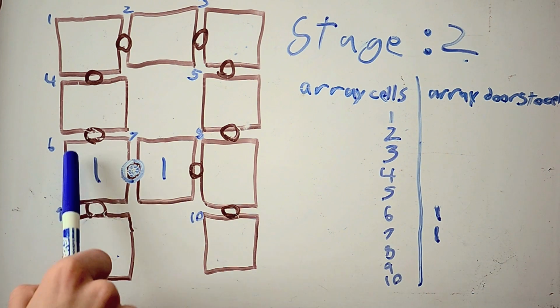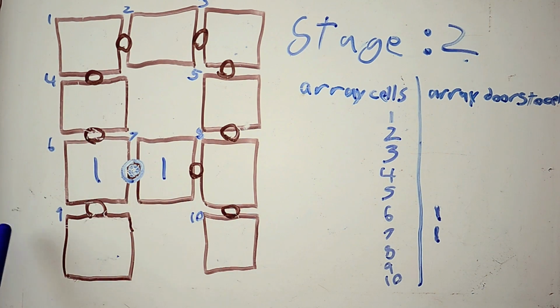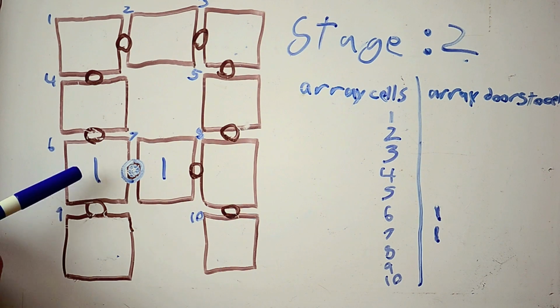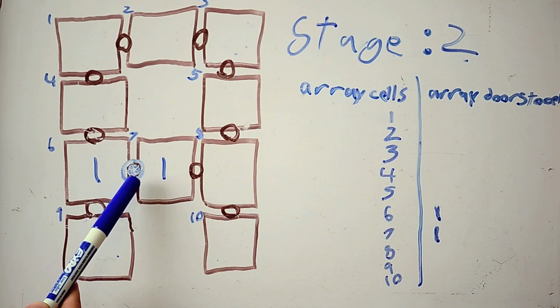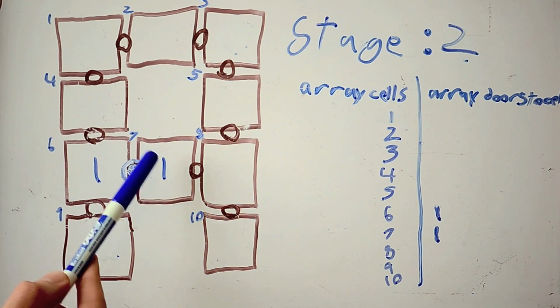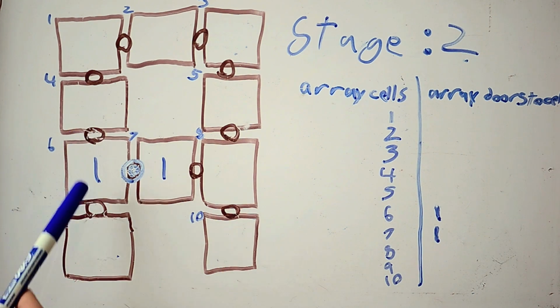So first let's take a look at this cell and all of the doors that we're going to have to go through for that cell. This cell, cell 6, has 3 doors in contact with itself: 1, 2, 3. But one of these doors is the door that we are currently looking at, so we're going to ignore this door and only look at these 2 doors here.